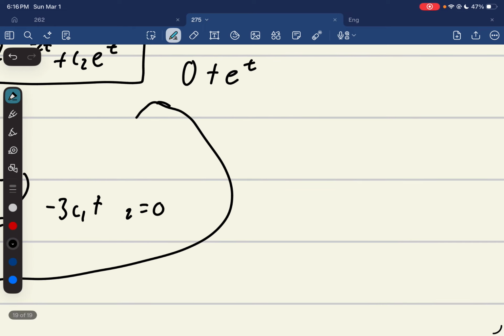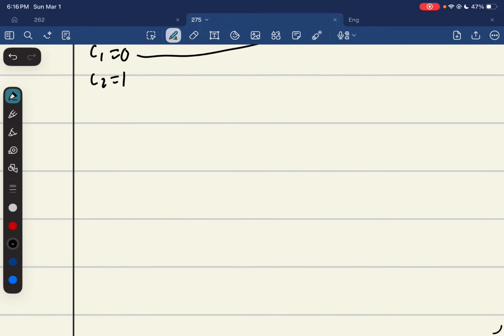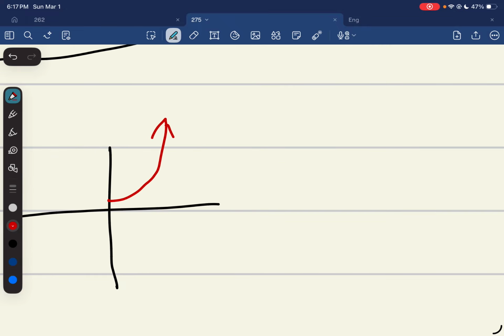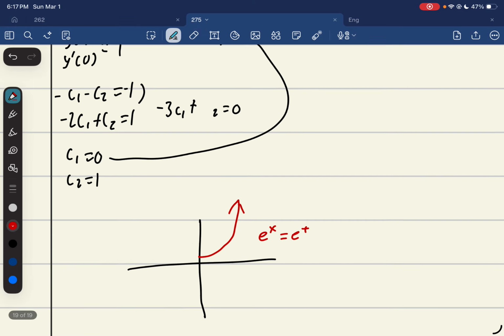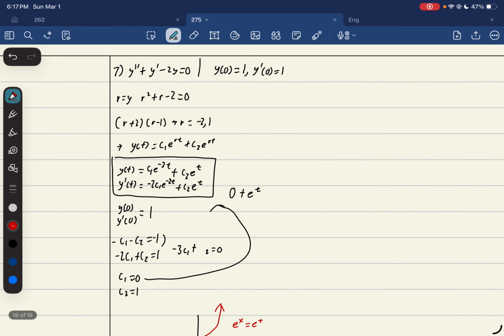And we know e to the t is this pretty easy graph. e to the t is always going to be going up. So the problem says as t increases, we can describe it as e to the t. So as t increases, it grows exponentially. And that is the solution for problem number 7.